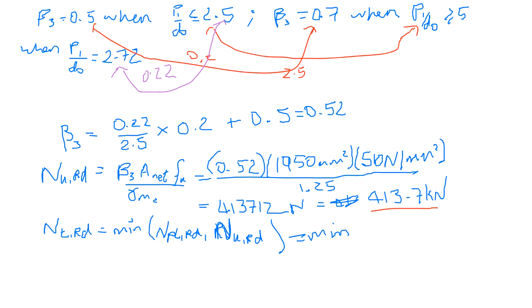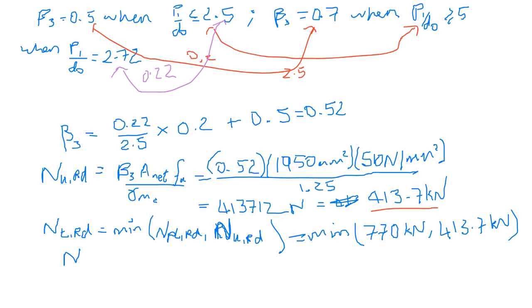From the previous page we had 770 kilonewtons, and for this page, we have 413.7 kilonewtons. Okay, so it's the smallest because where is it going to fail? It's going to fail at wherever the lowest capacity is. In this case, the capacity away from the holes is 770 kilonewtons, whereas the capacity at the holes is 413.7.